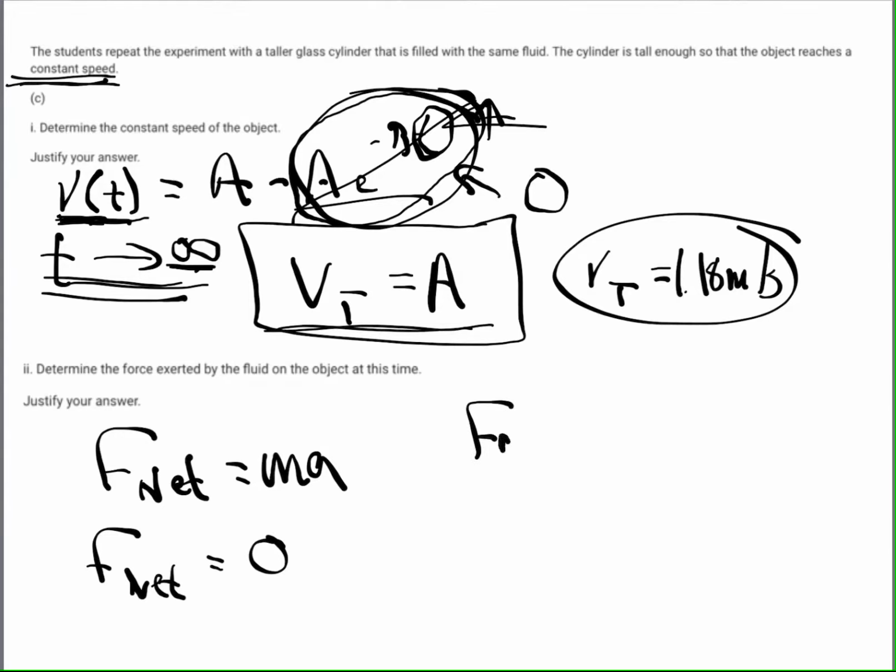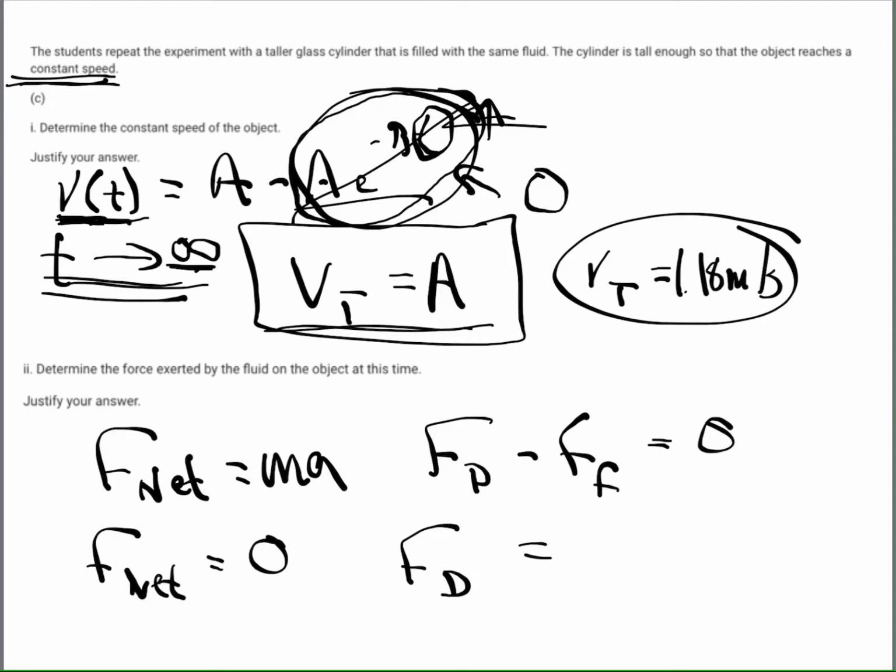Now, the net force is, let's do it this way, guess we're going to stick with proper conventions here: force drag minus force of friction equals 0. That just means the force drag has to be equal to the force of friction. Now, the force exerted by the fluid is the force drag. So that's what friction. Yikes, Michael. You did not mean friction here. I meant gravity. See, I mess up even in video form. So, force drag equals force of gravity.